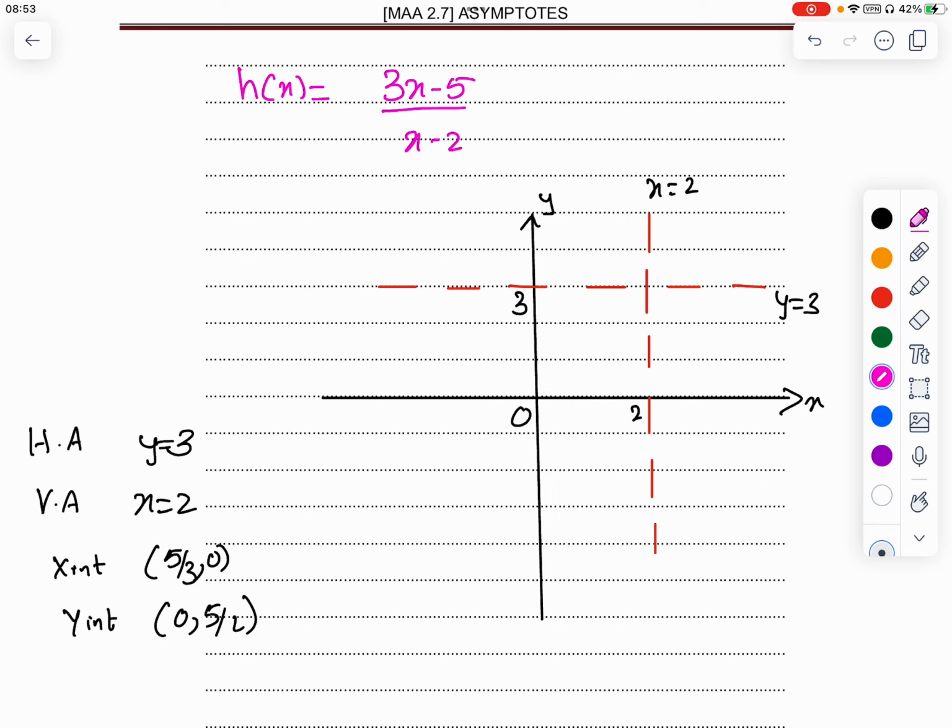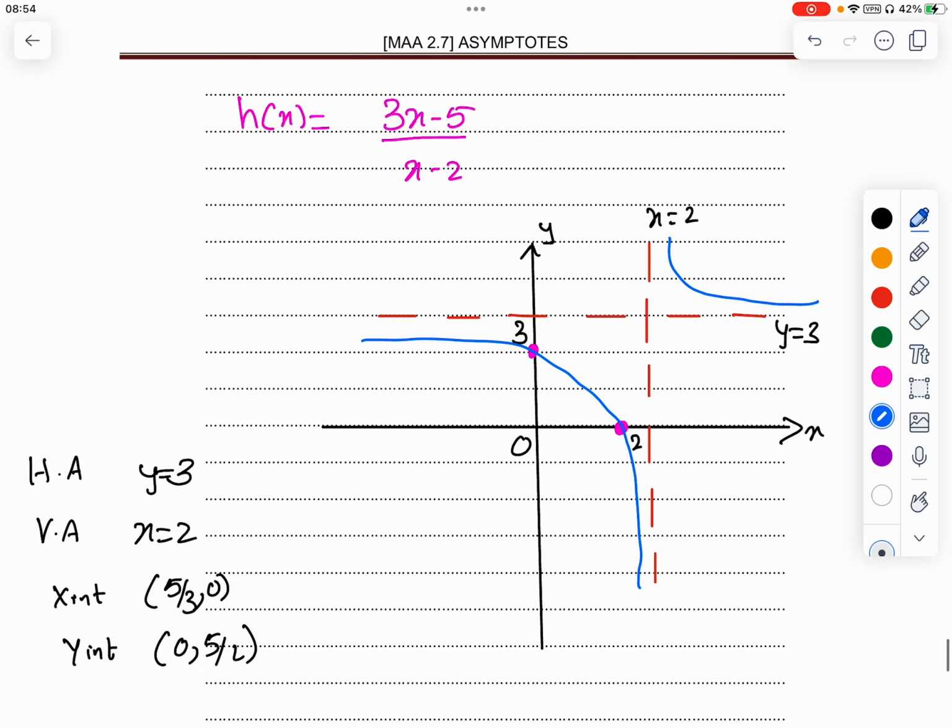Now x-intercept is 5 upon 3, means 1.666. Over here, 2.5. So the graph becomes approximately in this shape, and it should be the reciprocal function over here.